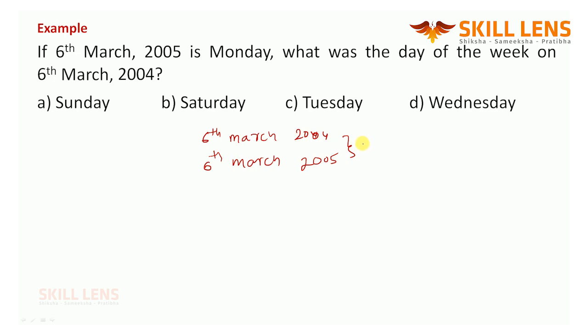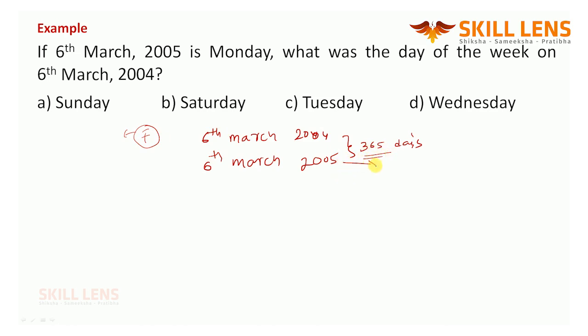From 2004 March to 2005 March, you will have only 365 days, because one extra day comes in which month? February. February has already been completed. So I don't have any other issues, because 16th March 2004 to 16th March 2005, I have only 365 days.